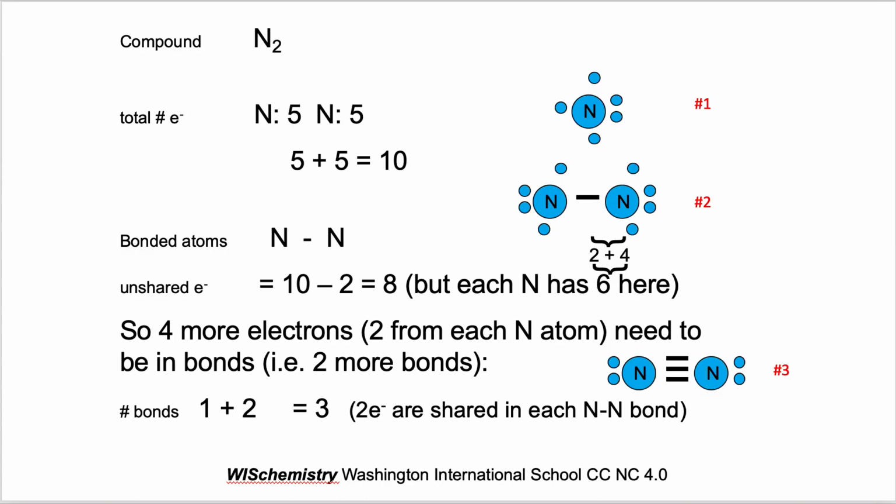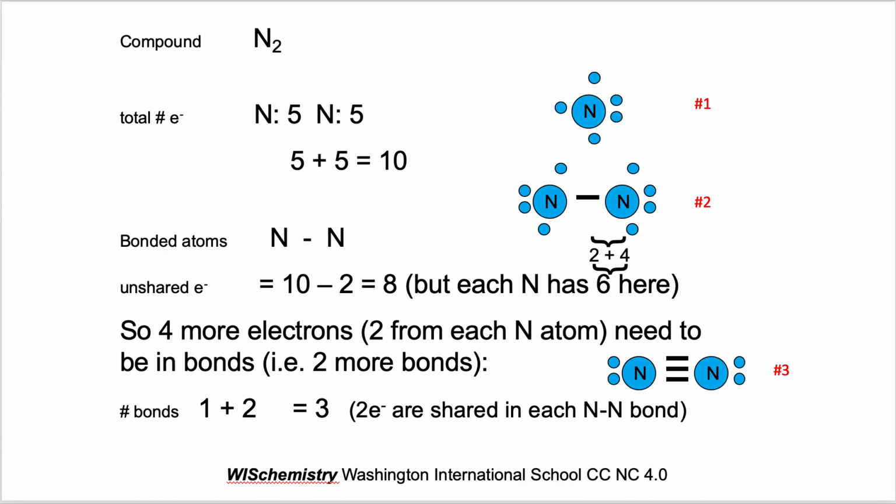And then nitrogen, the diagram number 1 on the right is showing the valence electrons on nitrogen, joining the two together with a single bond, and that will leave each of the nitrogens with 6 electrons, so not a stable octet.